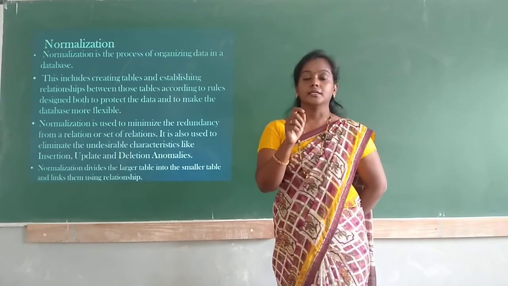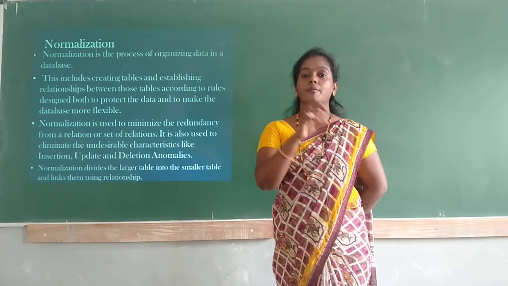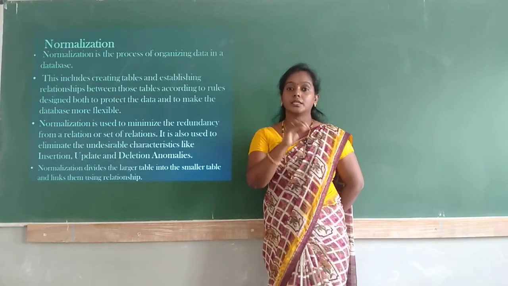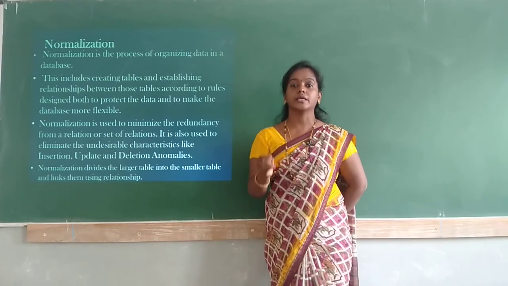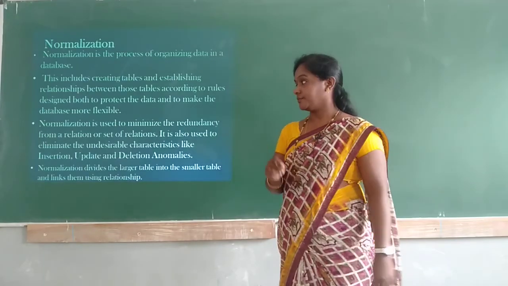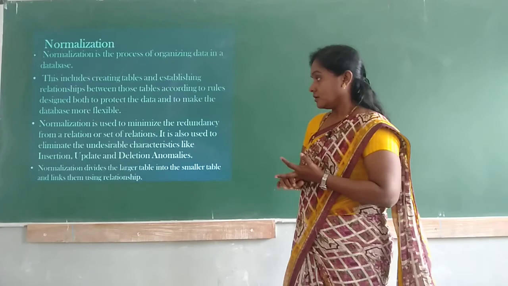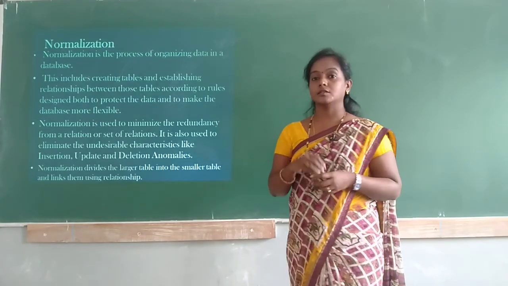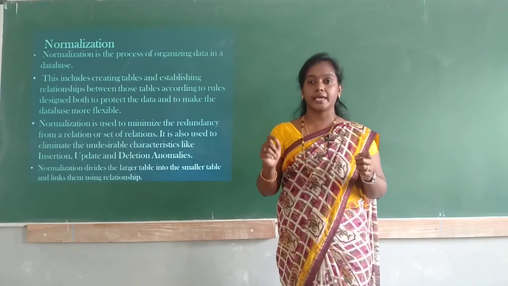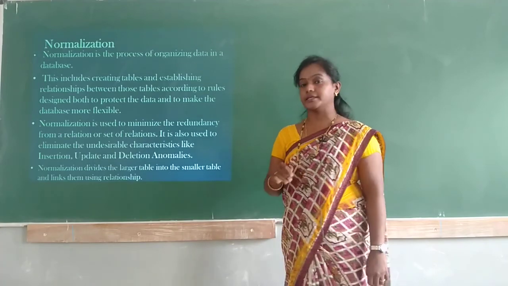So the same set of data is stored in the mark card copy, course details and personal information of a student. In 3 places we are storing the same set of data. We call that a redundancy. That should be minimized with the help of normalization. Normalization divides a large table into small tables so that the redundancy is minimized.